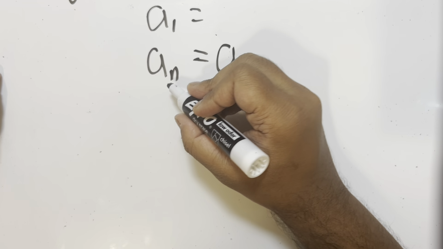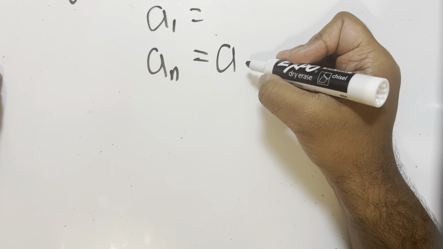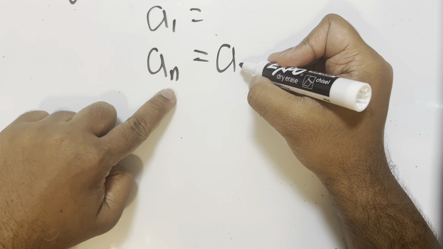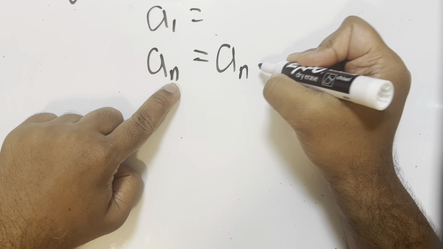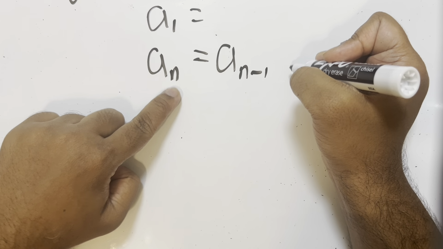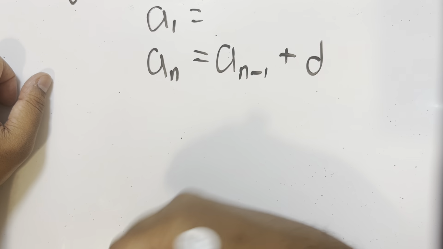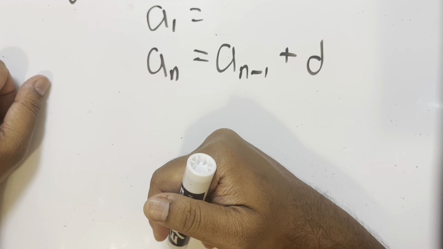So what's before 5? It's 4. How did I get from 5 to 4? I subtracted 1. Same thing here. The term before n is n minus 1. Term number n is n minus 1 plus our common difference. That's how recursive formulas generally look.